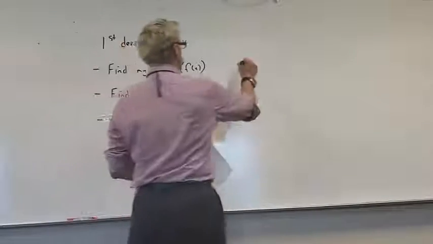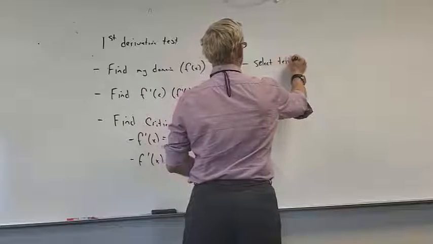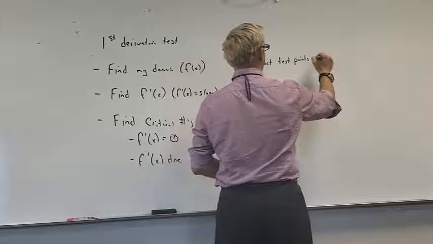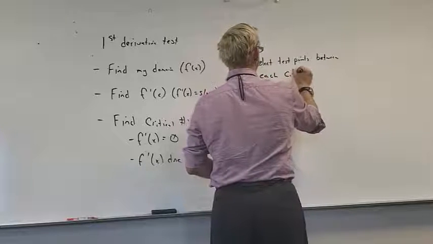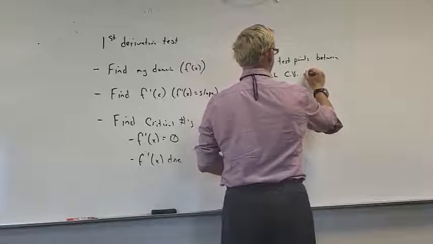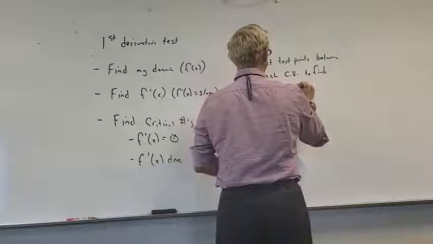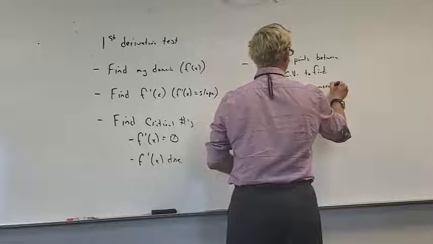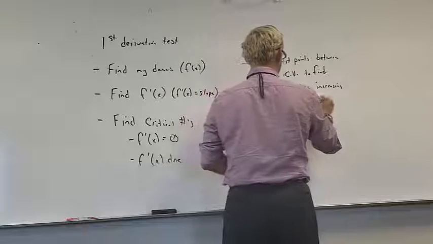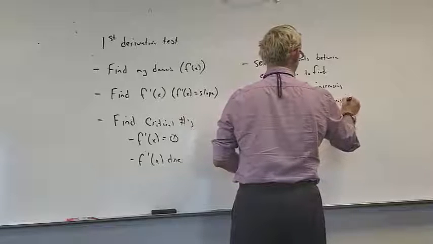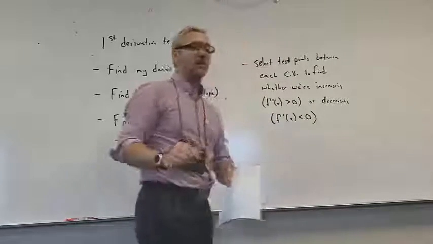And then lastly, we are going to select test points between each critical number to find whether we're increasing, and increasing means f prime of x is positive or greater than 0, or decreasing. And decreasing is where f prime of x is negative or less than 0.